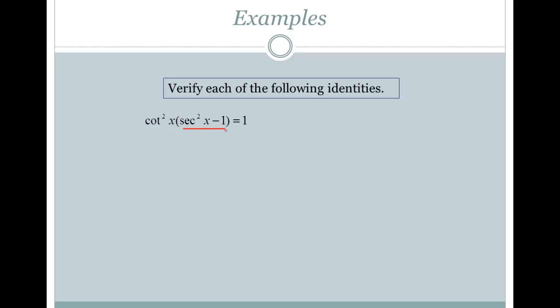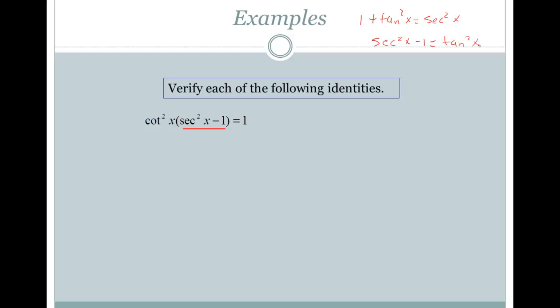If you remember correctly, we have 1 plus tangent squared of x is equal to secant squared of x. That's not exactly what we have, but if I manipulate this, bringing the 1 to the other side, secant squared of x minus 1 is equal to tangent squared of x.